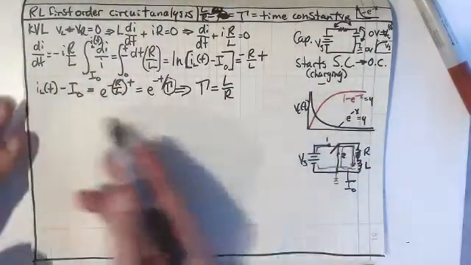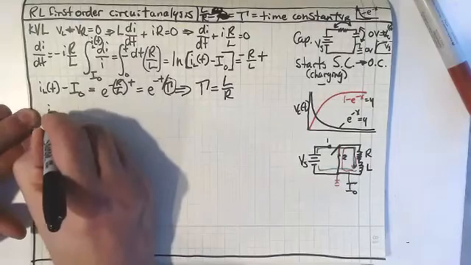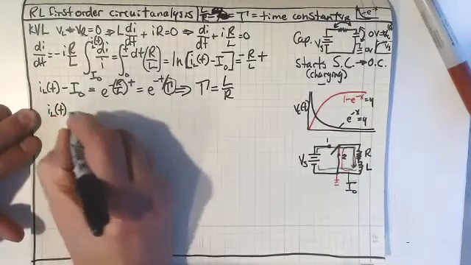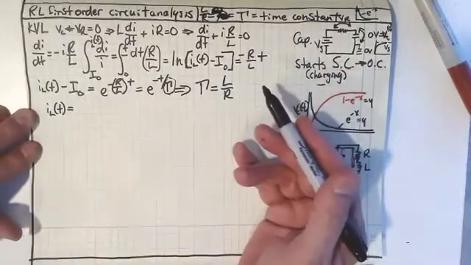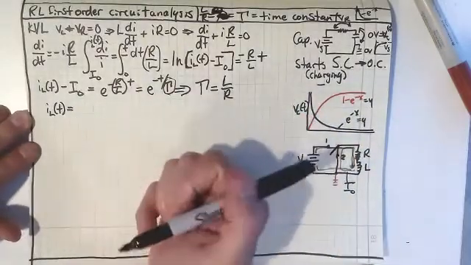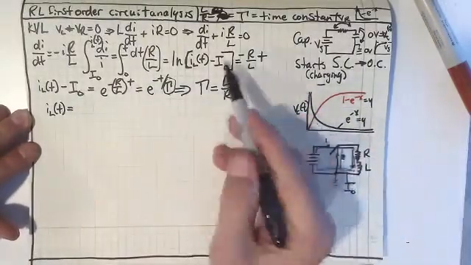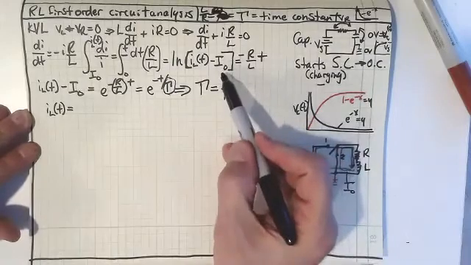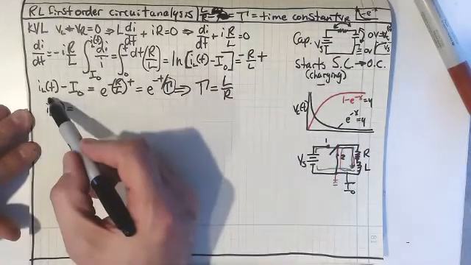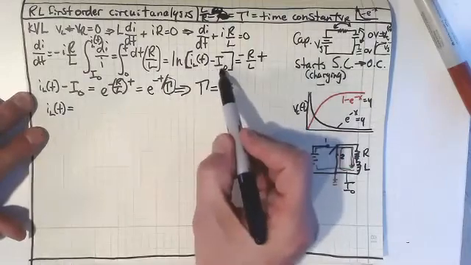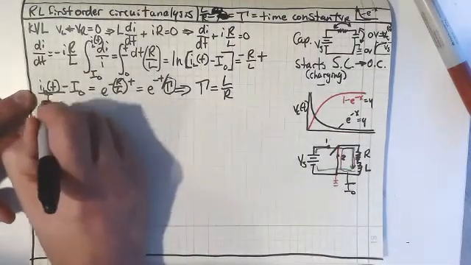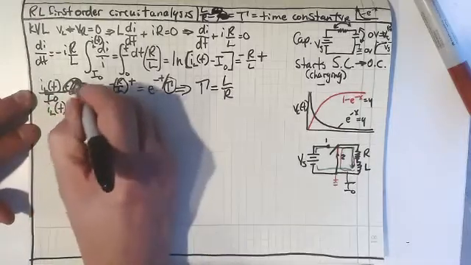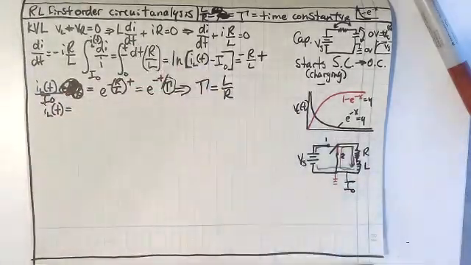So why don't I finish this? So I sub L of t, the current through the inductor and the resistor, is going to be, I should have done that before, that should have been I sub L over I sub 0. You guys, it's getting late, you've got to stop me here sometimes.